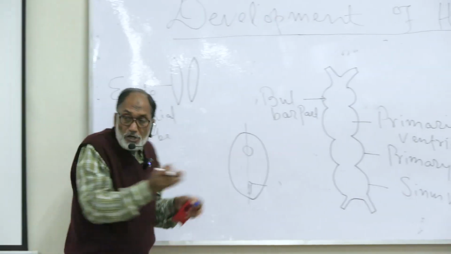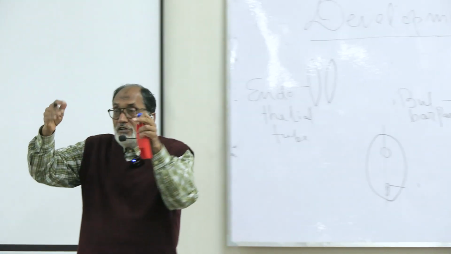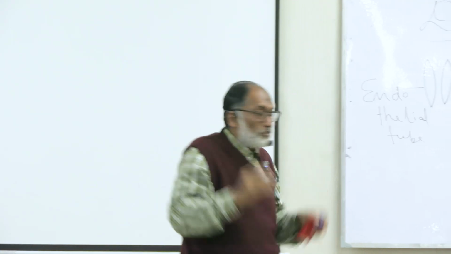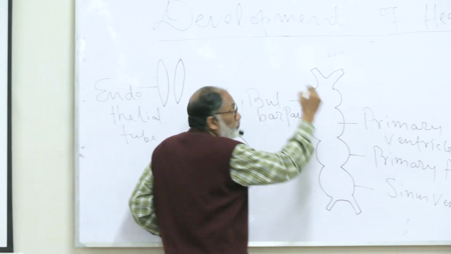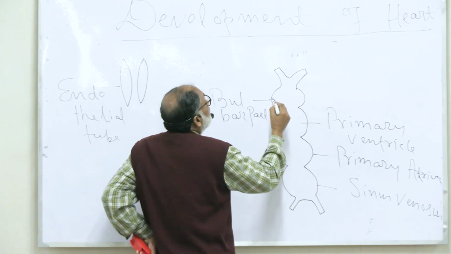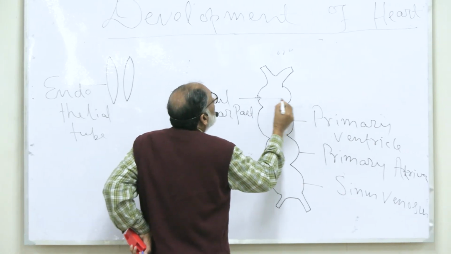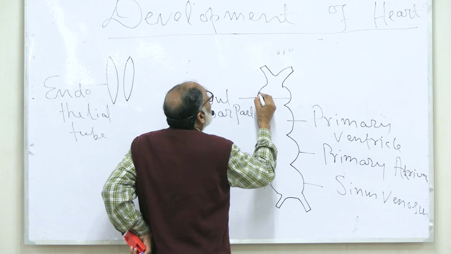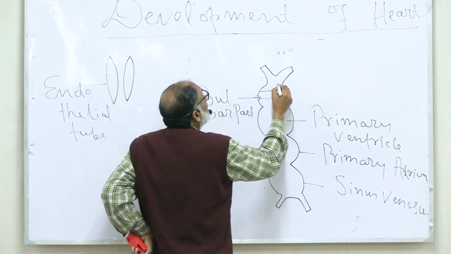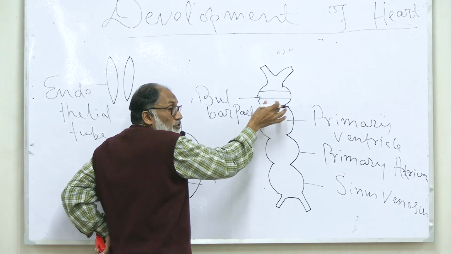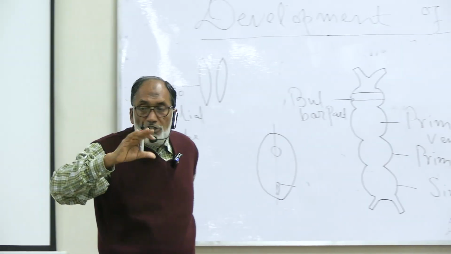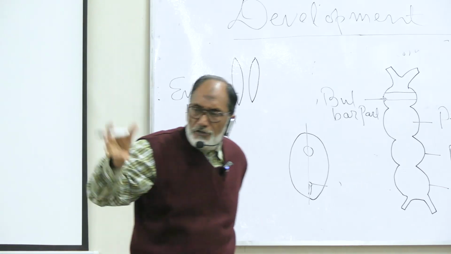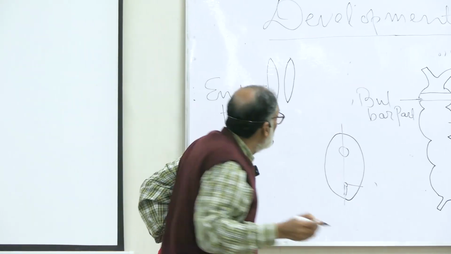This bulbar part will again divide into three parts: the proximal third, the middle third and the distal third. The proximal third doesn't have any special name; it retains its old name, the bulbar part.